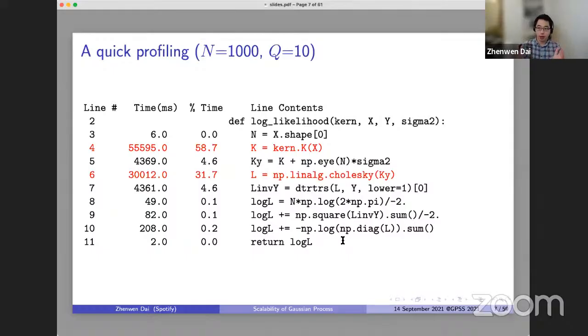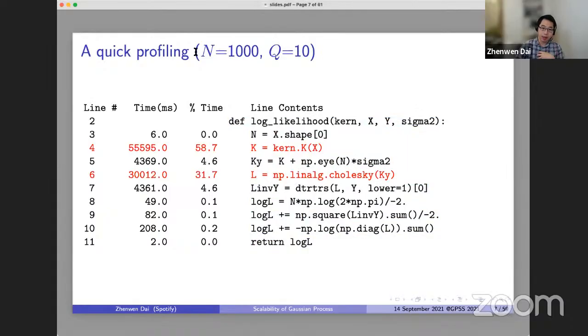If we write down the numerical code in NumPy of what we just said, we can run a profile to see how much time each part of the calculation takes. This is exactly a NumPy implementation of the previously mentioned log likelihood.